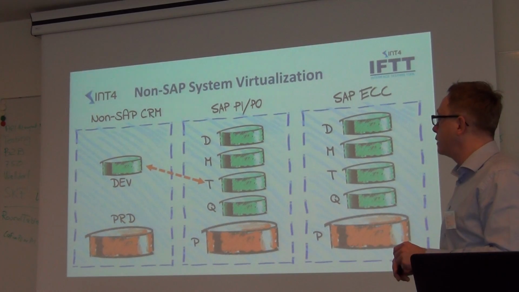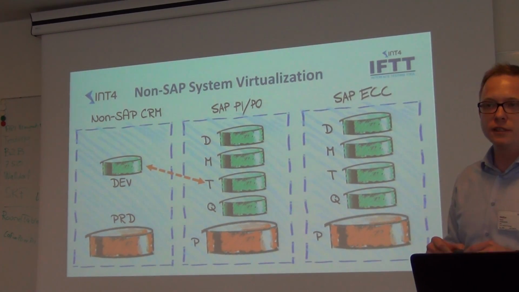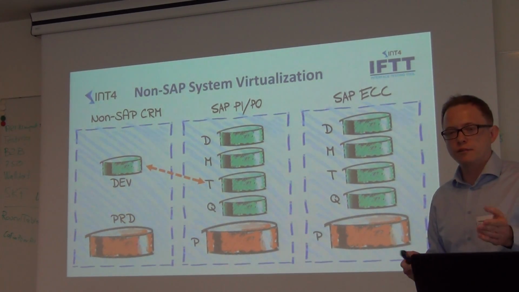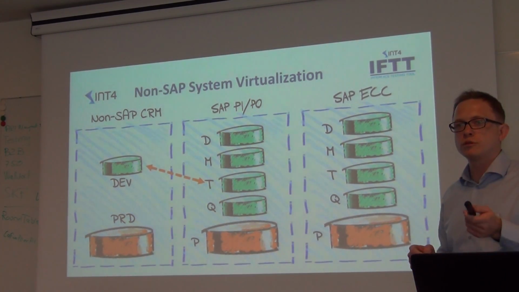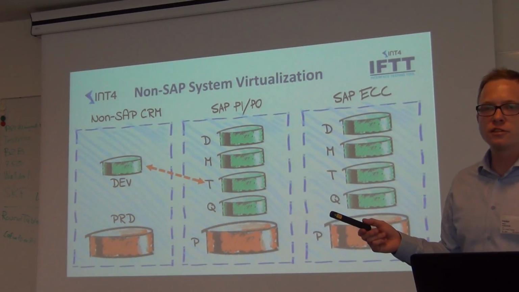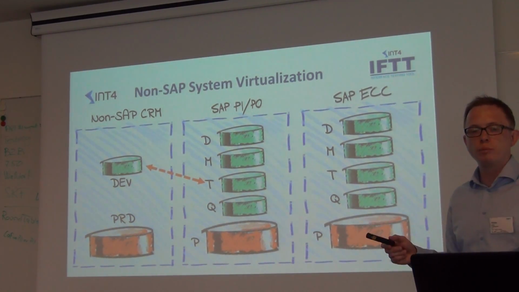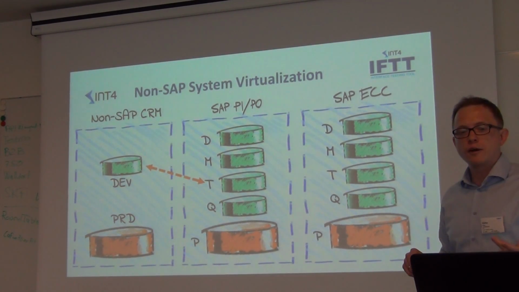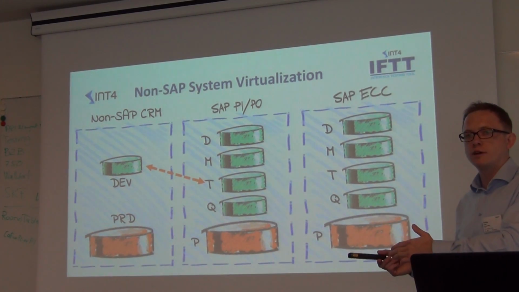And finally, I just wanted to share the last application, which we called non-SAP system virtualization, and I think this refers a little bit to what Pontus mentioned. For example, here we have multiple instances on the SAP side: development, maintenance, testing, integration, quality environments, and finally production environments.